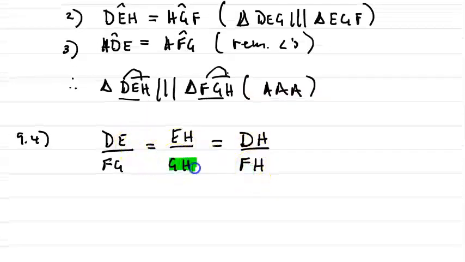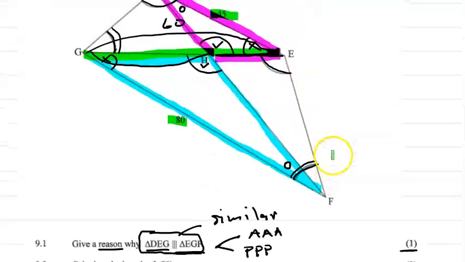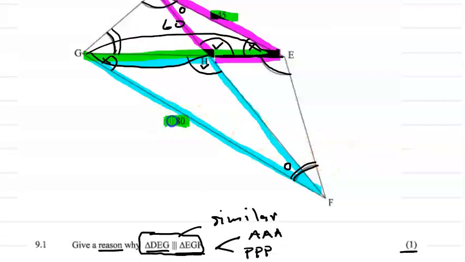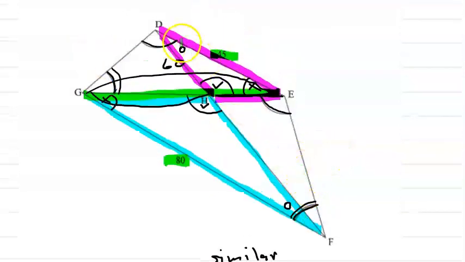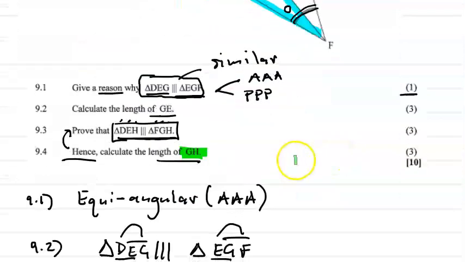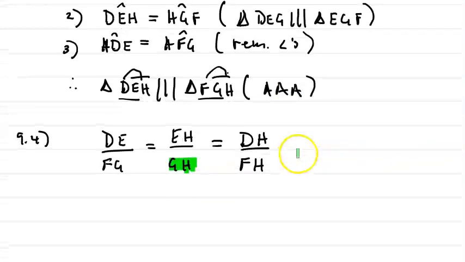So there's GH here. And what else are we given? Well, as you can see, we are given GF and DE.